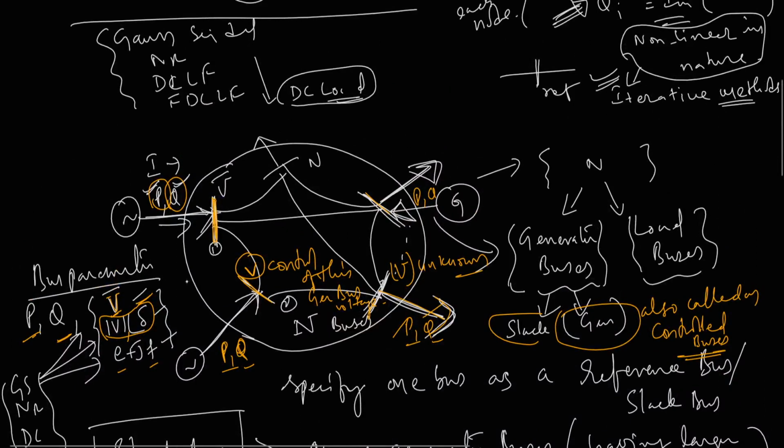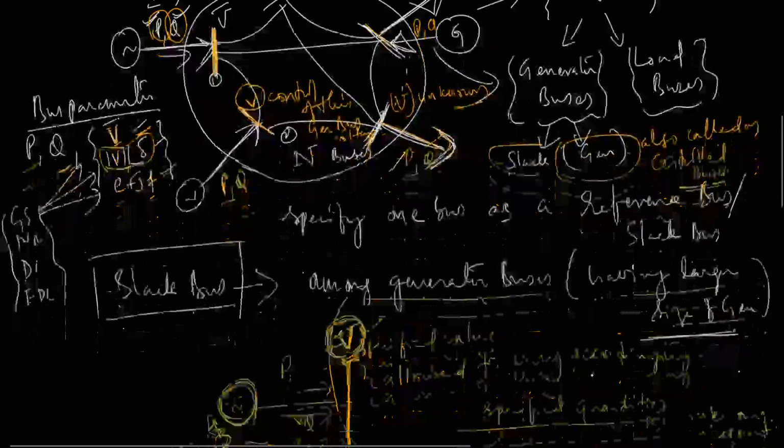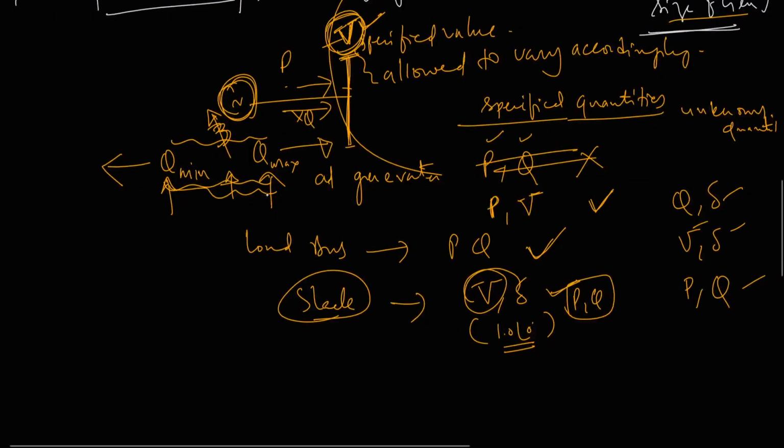If you look into this diagram, if I specify at the slack bus also P and Q, then at all buses, that is generator buses, load buses and slack bus, what is specified? P is specified, P is specified and P is specified. If I choose P and Q specified at the slack bus, is it right?